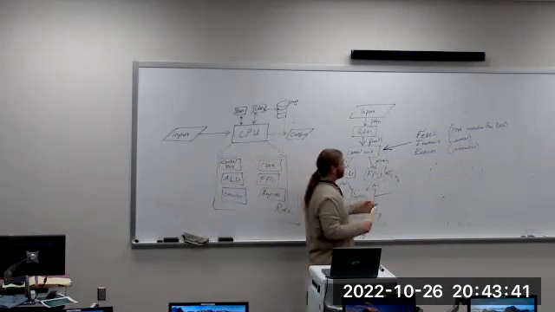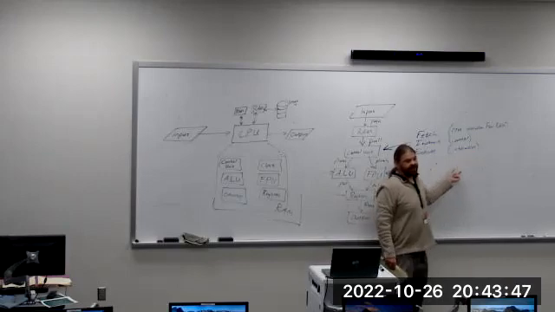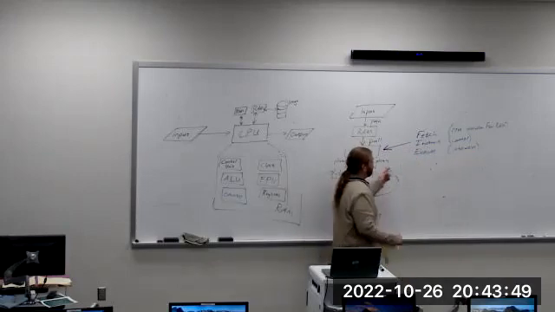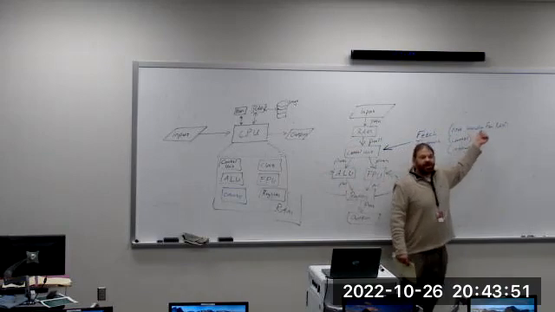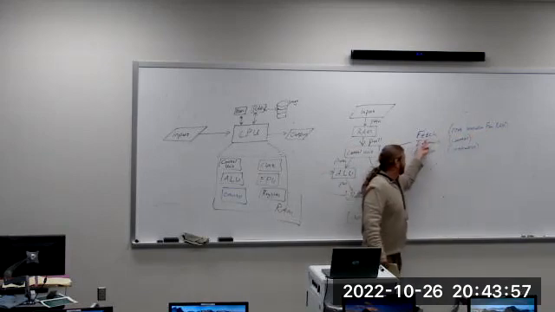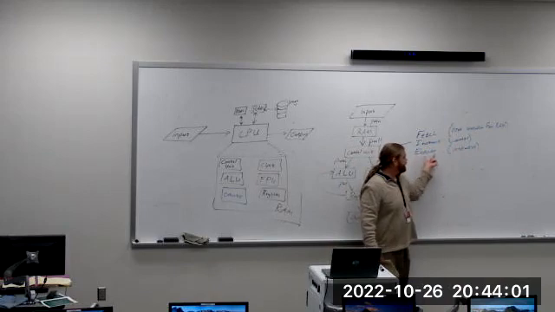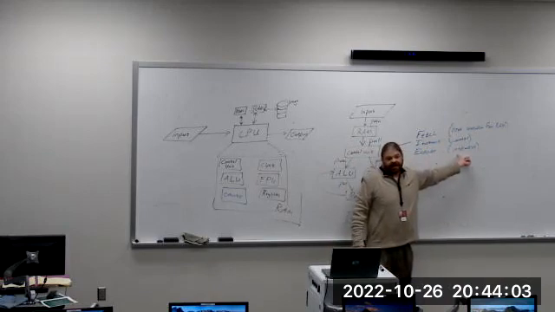Because what if the instruction is jump to number 19? So we grab instruction, maybe instruction 12 is jump to instruction 19. We grab instruction 12, increment our counter, it's at 13 now. Then execute says jump to instruction 19.